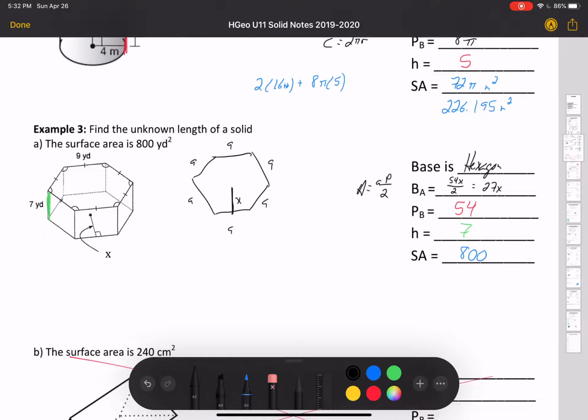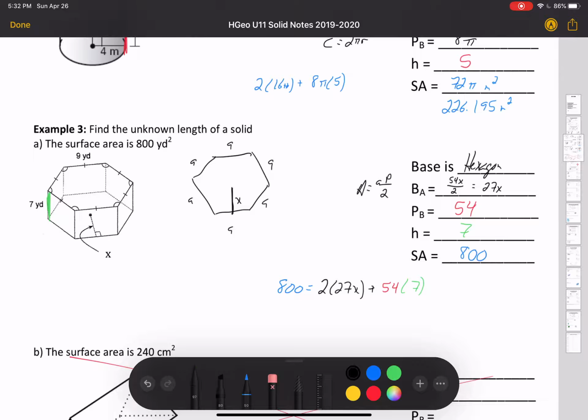Now, if we plug this all into our surface area formula, surface area, which is 800, is equal to 2 times the area of the base, which we now have represented as 27x, plus the perimeter of the base, which is 54, times the height, which is 7. So we just have an algebraic equation here.